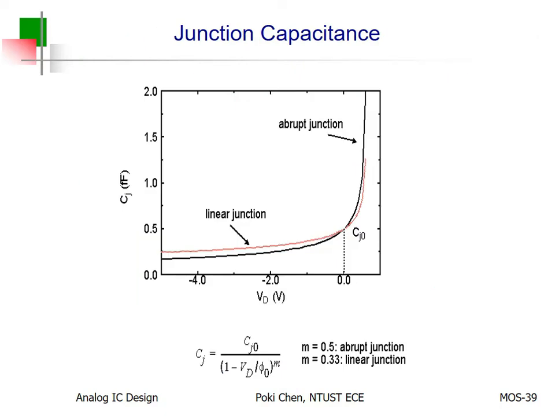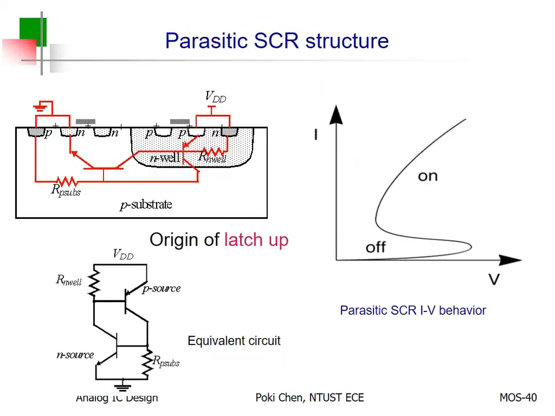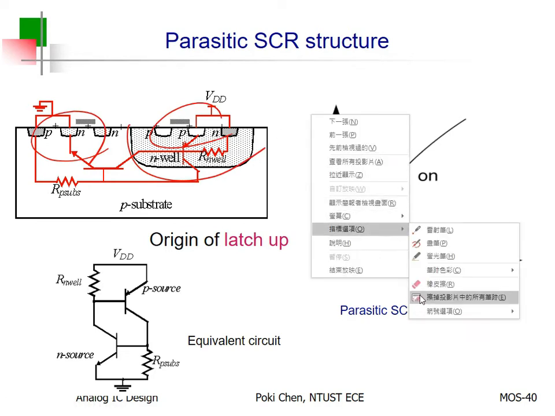Yeah, and we are talking about the junction capacitance I mentioned already in the previous chapter. Okay. And then I need to warn you, for such a CMOS structure, we have NMOS here and PMOS inside an N-well. I will help you draw some of the parasitics.